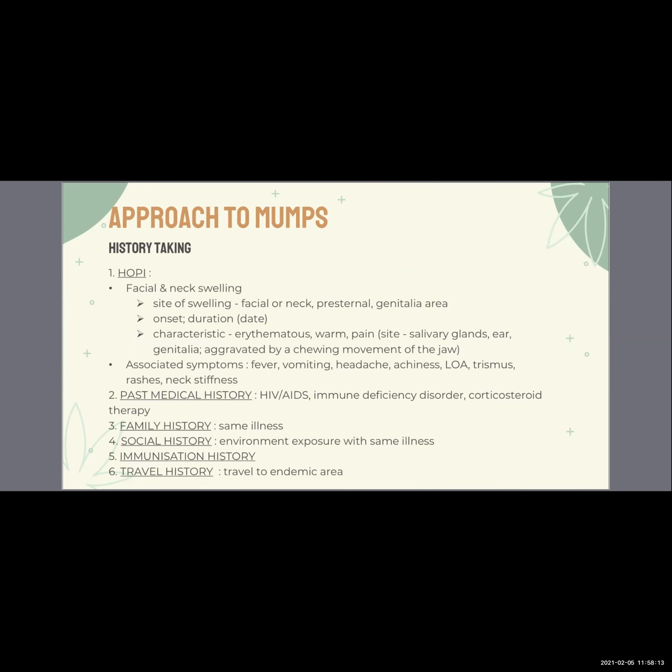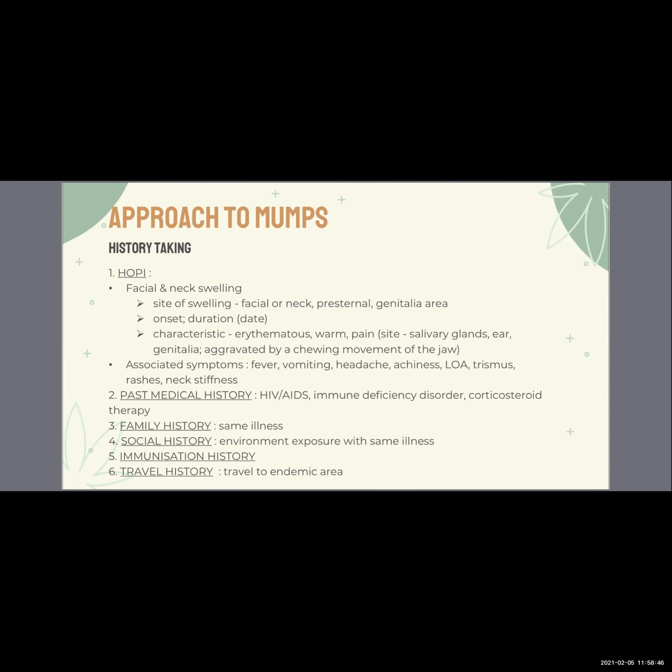And how do we approach a patient with mumps virus during history taking? The patient usually presents with facial and neck swelling, and then we ask about the site of swelling, and whether it is in the presternal or genital area, and the onset and duration of the swelling, and the characteristics of the swelling: is it erythematous, warm, painful? If it is painful, then we ask about other sites of pain, usually in the salivary glands, ear, and genitalia.